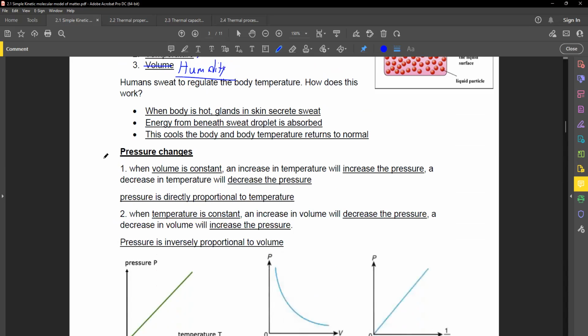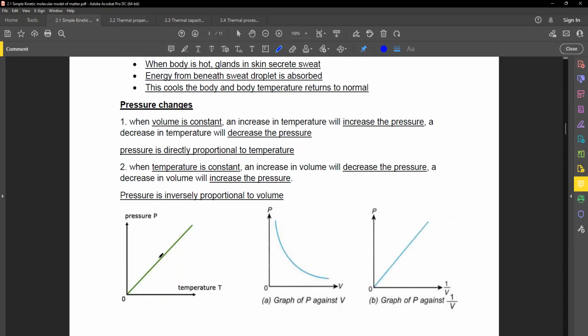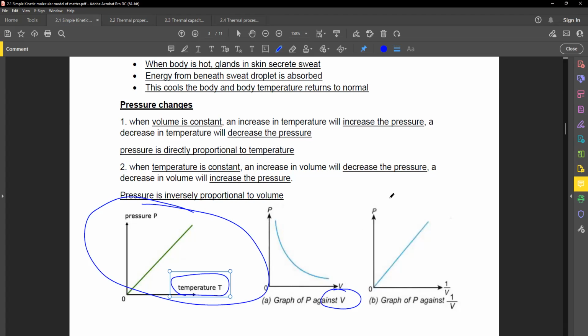And finally here, this is essentially the pressure changes. Pressure is dependent on two things, right? It's either dependent on the temperature or also the volume here. If you think about pressure and temperature, you can kind of imagine your thermal flask, right? Every time you open your thermal flask filled with hot water, there's going to be a pop sound, right? Why is there a pop sound there?